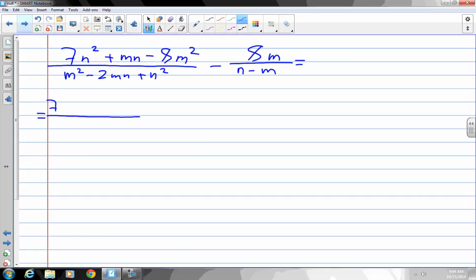So let's do some factoring. How would you factor that first denominator? What does that look like?